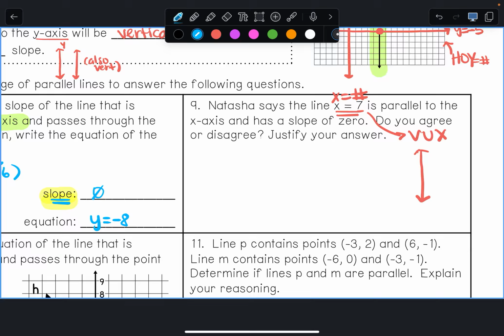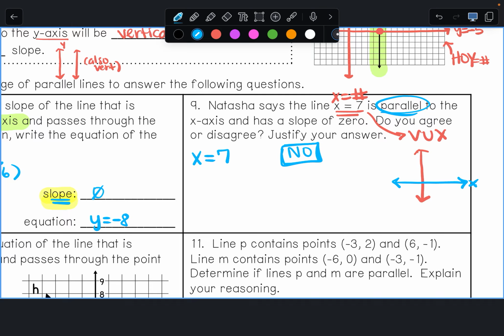But my x-axis is a horizontal line. So, are they parallel? No. Not parallel. Another thing is that it says that slope is 0. Okay. So, our equation is x is equal to 7.